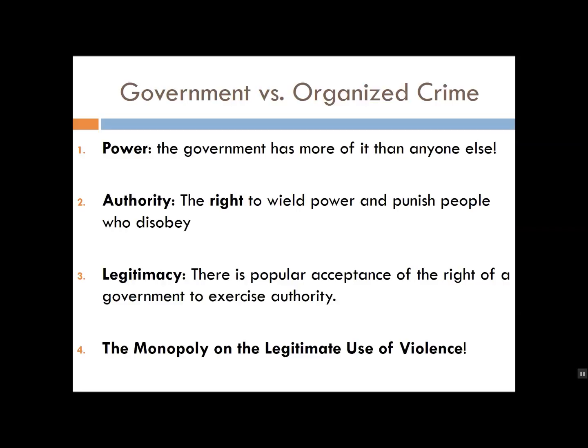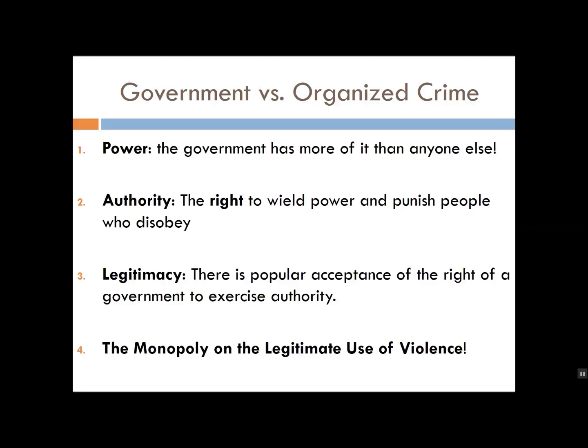Certainly, the government has more power than your typical gang or mafia. An organized crime group like the mafia might try to force you to pay their tributes, but if you don't like this, you can go to the government and they'll send the police to protect you from those extortionists. But if you don't like paying taxes, tough luck.